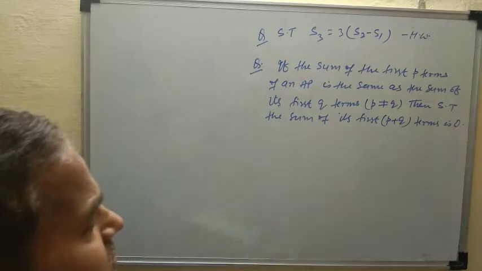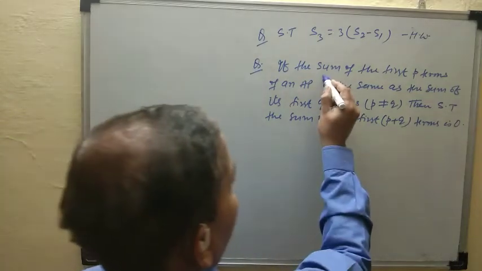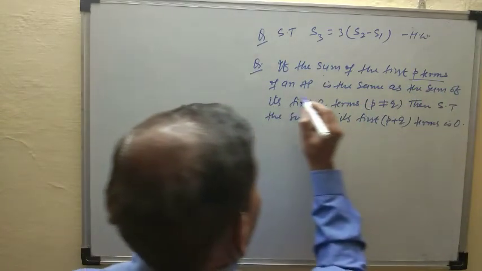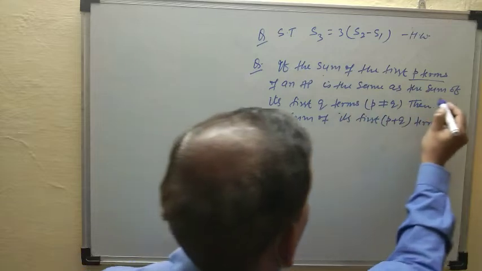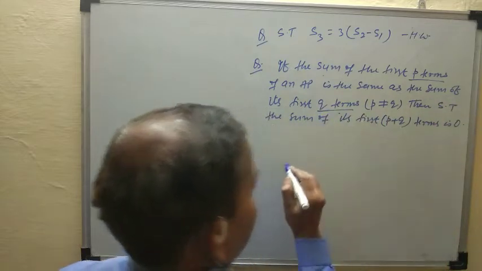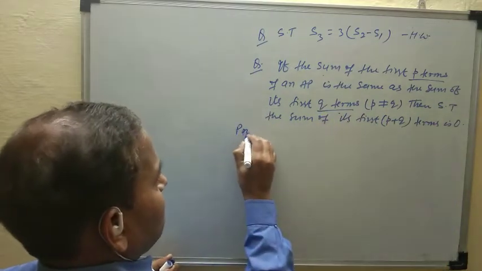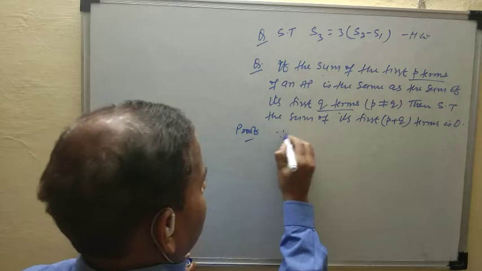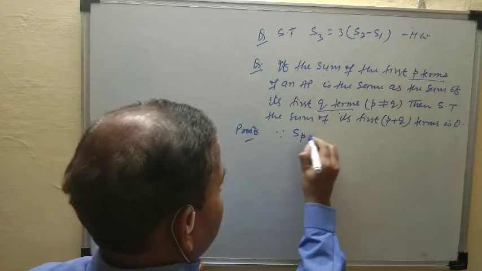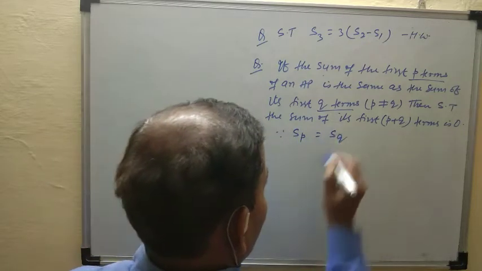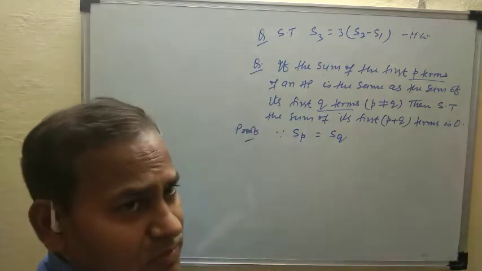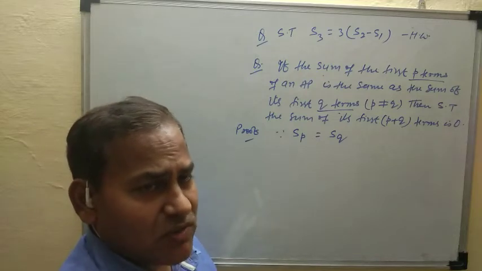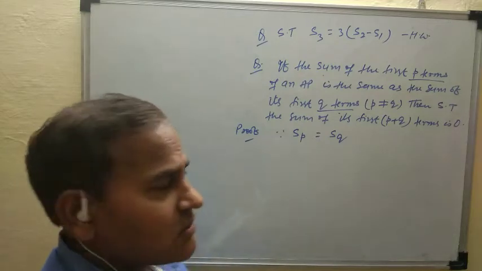So here, given the sum of first p terms of an AP is the same as the sum of first q terms. You know a is the first term and d is the common difference.